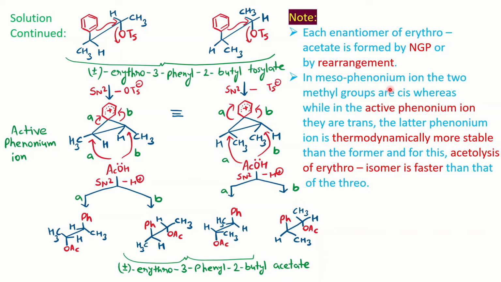In the meso phenonium ion, like in the previous ion, the two methyl groups are cis, while here in the active phenonium ion, they are trans to each other. So basically this intermediate is thermodynamically more stable, right? So the rate of reaction for the erythro isomer should be faster than the threo isomer, because this intermediate is thermodynamically more stable.